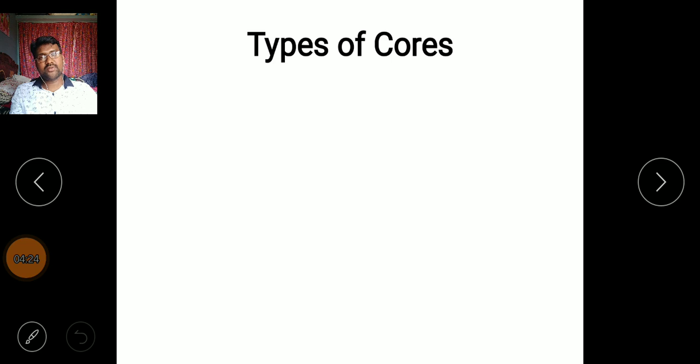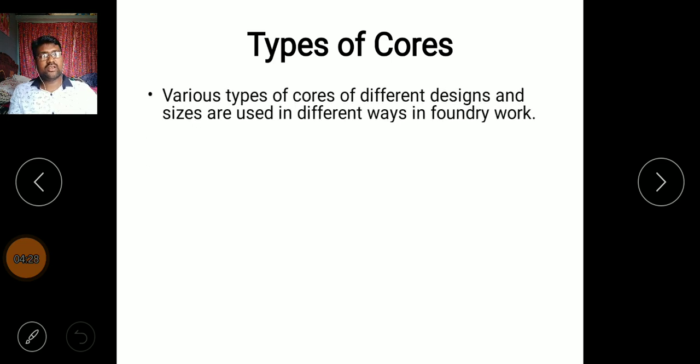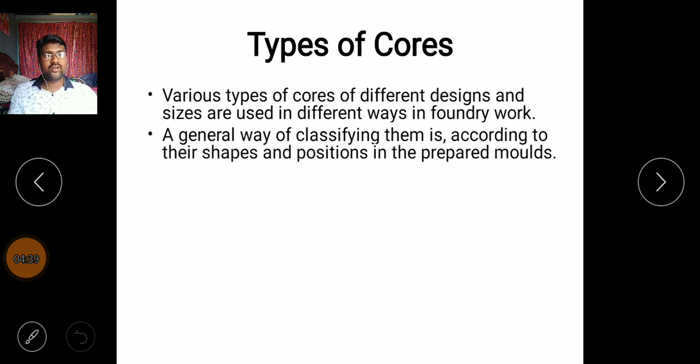Next, coming to types of cores. There are different types of cores, of different sizes and designs, used in different ways in foundry work. There is a general way of classifying them according to the shapes and position in the prepared mold.